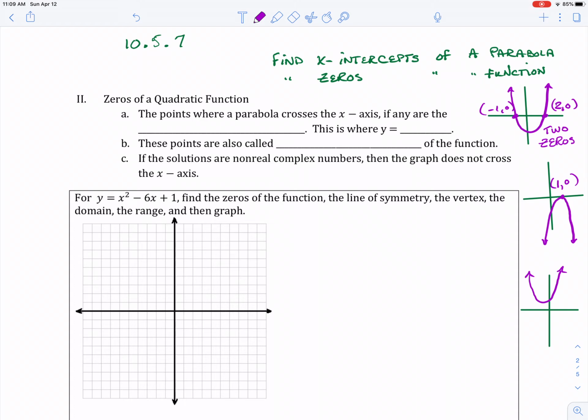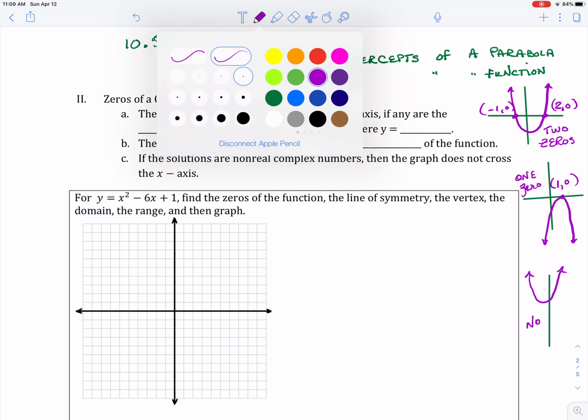The second thing that can happen is that the parabola will touch and immediately turn around at one point, so we only end up with one zero. And the last thing that can occur is that the parabola doesn't cross the x-axis at all, so we end up with no zeros. Well, no real zeros.